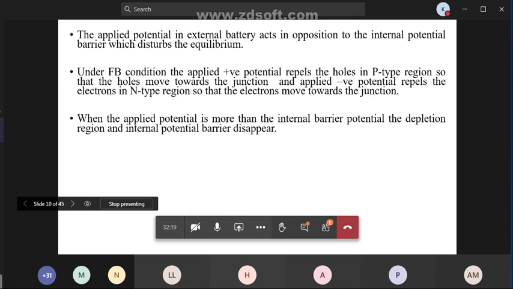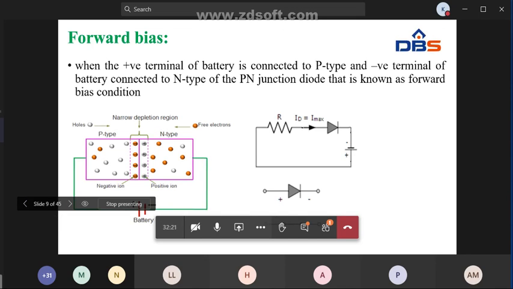You see this diagram. In the forward bias condition, what is the charge of this p-type material? The charge of p-type material is positive, so it is connected to the positive terminal of the battery. So here we are having the same charges, right?